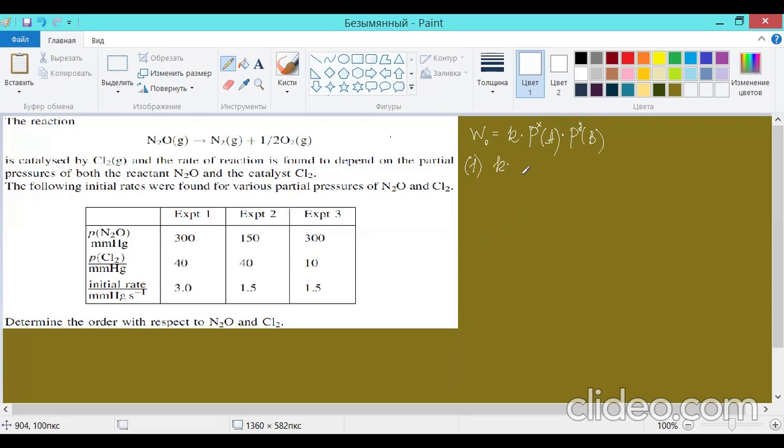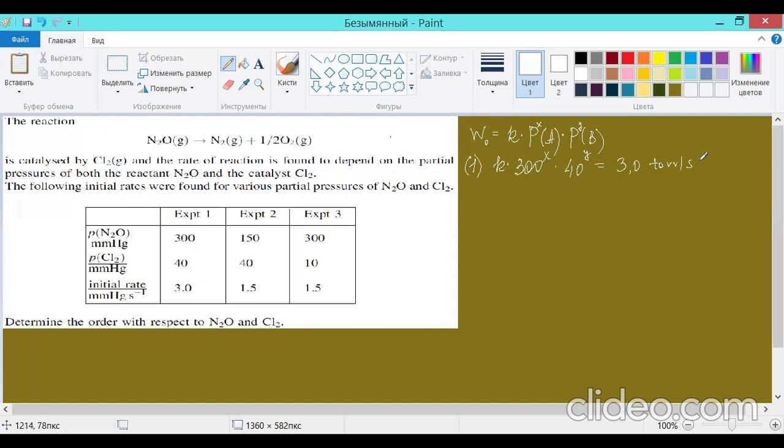The rate constant multiplied by the partial pressure of N2O, which is equal to 300 torrs, raised to X, times the partial pressure of chlorine, 40, raised to Y, and the initial rate is equal to 3 torrs per second.